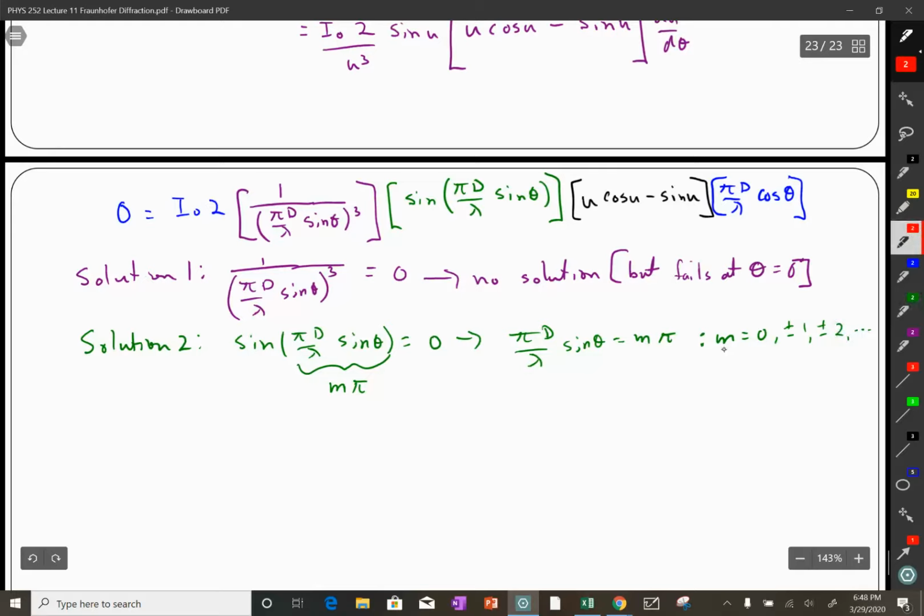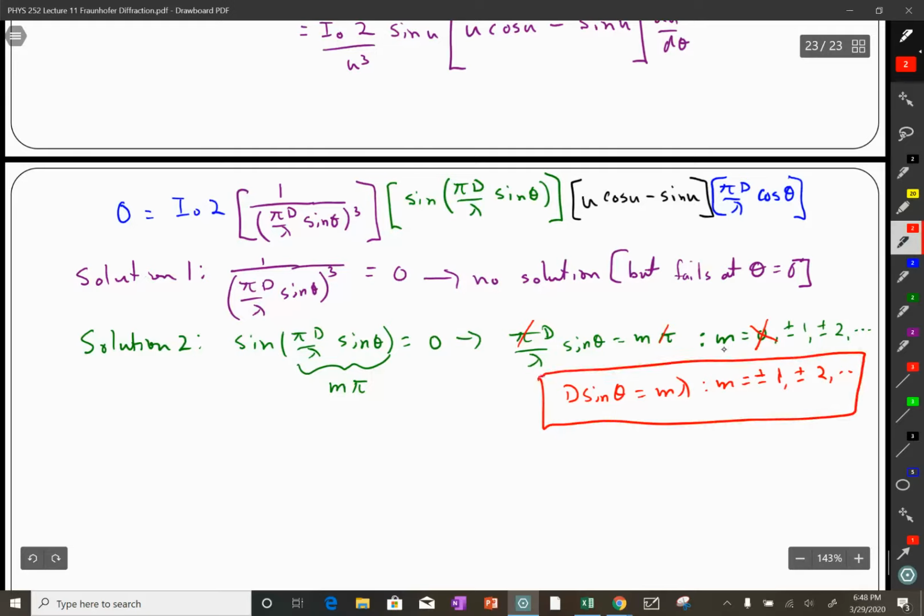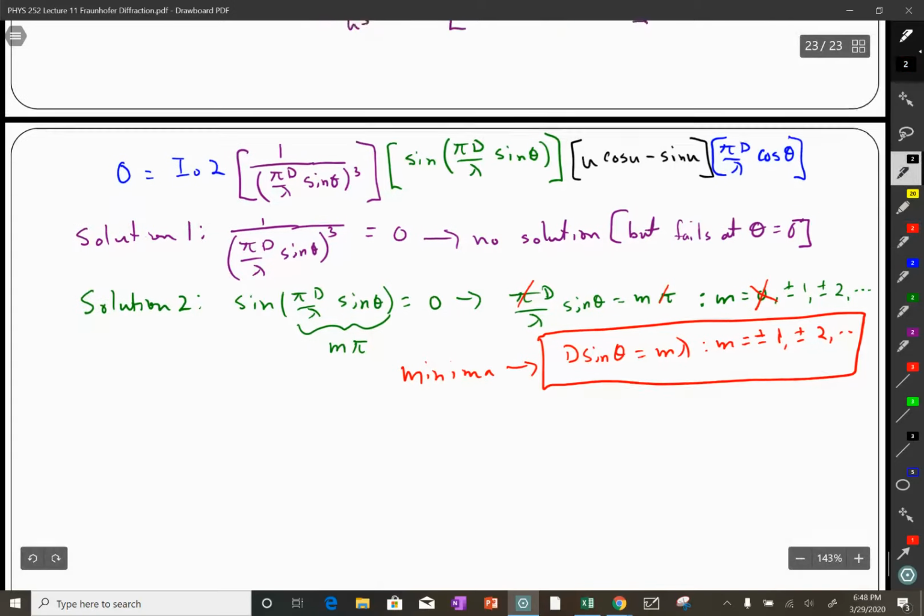But keep in mind, we just ruled out that we cannot have theta equals 0, so we cannot have m equals 0. Cancel out the pi's, and what we get is d sine theta is equal to m lambda. M equals plus or minus 1, plus or minus 2, etc. And we already showed those are the minima. So that's good to have a solution, right? That agrees with what we found before.